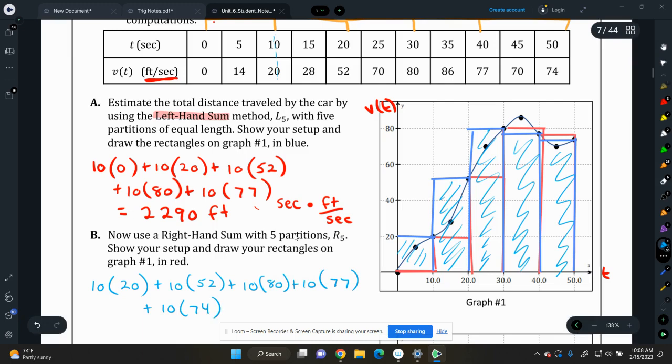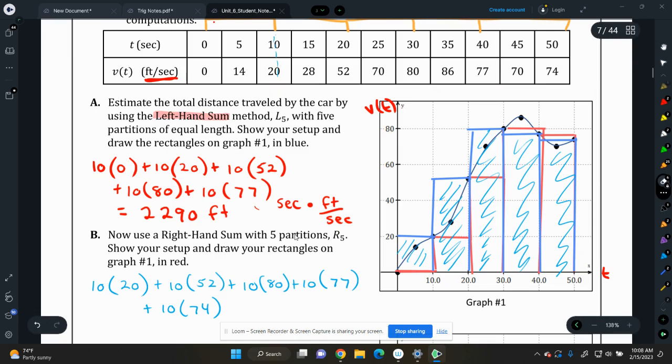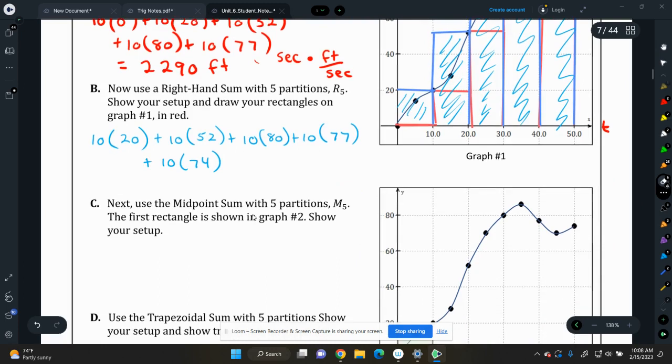Notice from the table, when we did the left Riemann sums, our rectangles went like this, ending on the 70. With the right Riemann sums, everything is shifted over. This time we're ending on the 74. And when we do this, we get 3,030 feet.